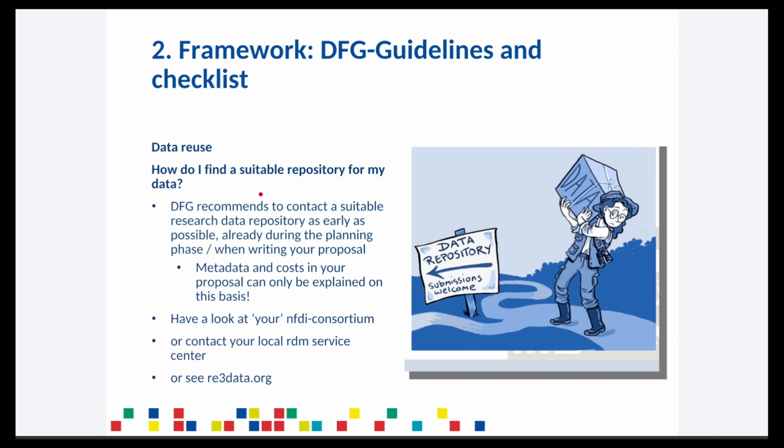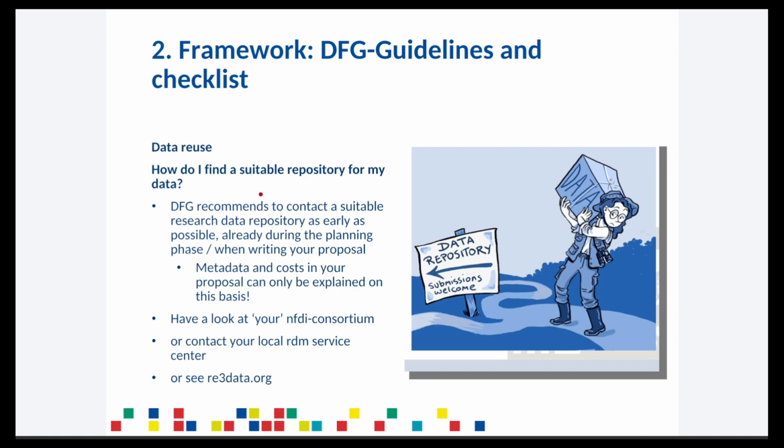And also, most repositories ask for certain metadata, which is data to describe your data. Of course, you have to know about it in advance, because when you start obtaining your data, you should start describing your data with metadata right from the beginning. And we strongly recommend to find your repository by first having a look at your NFDI consortium.